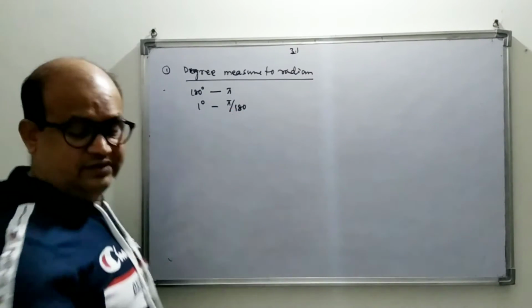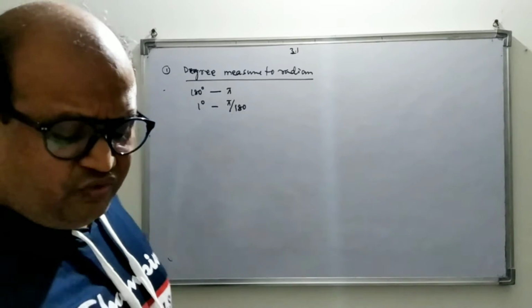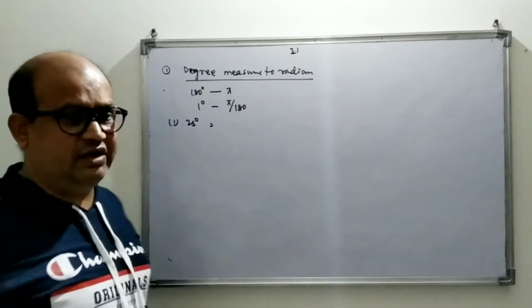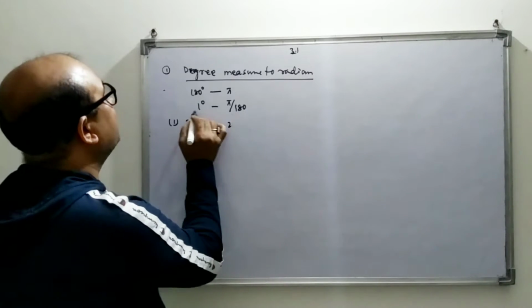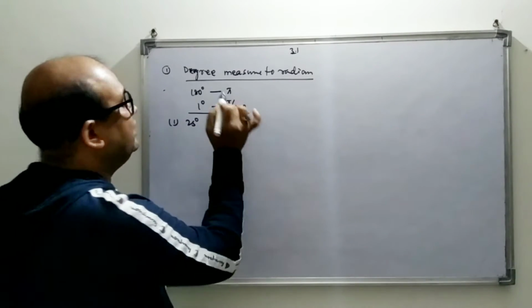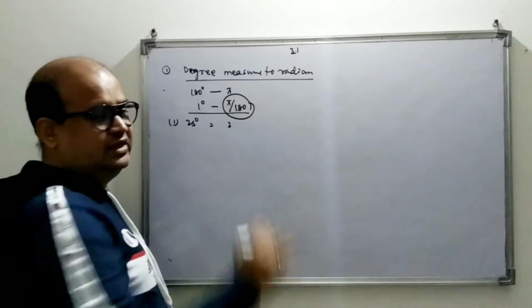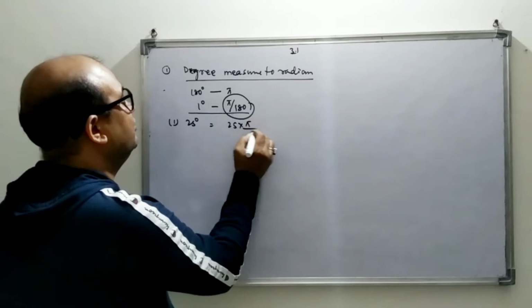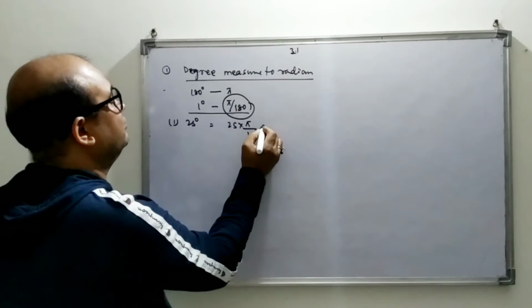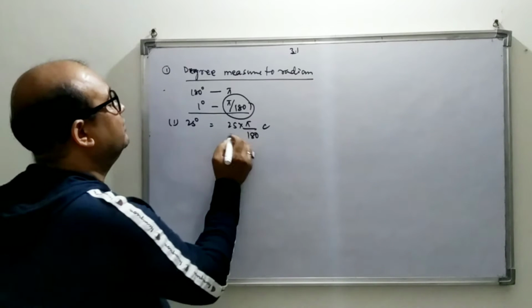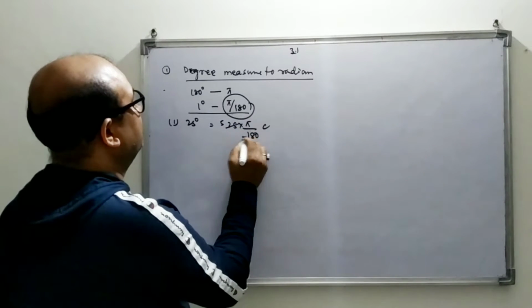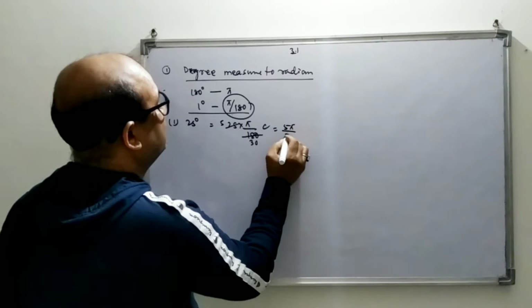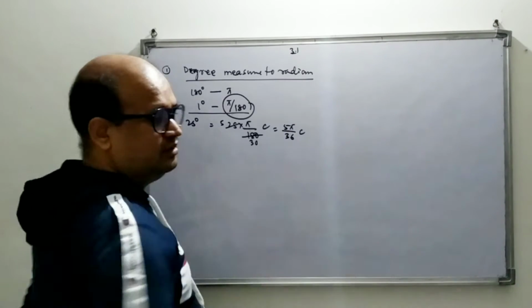Now first one is 25 degree. 25 degree equal to 25 into pi by 180. That gives you 5 pi by 36 radian.